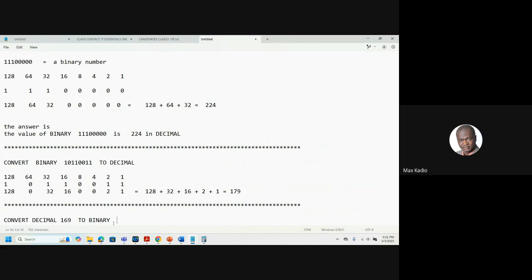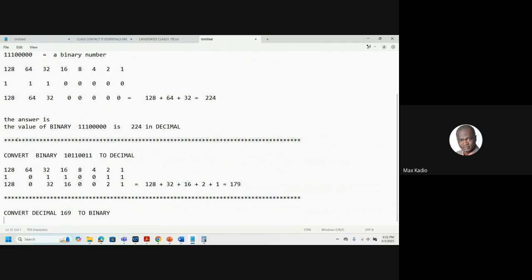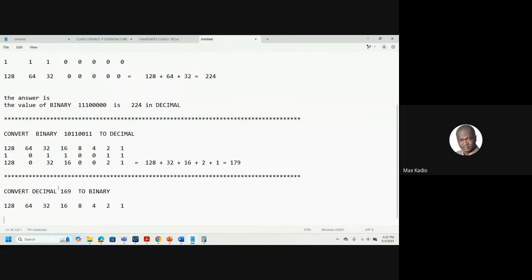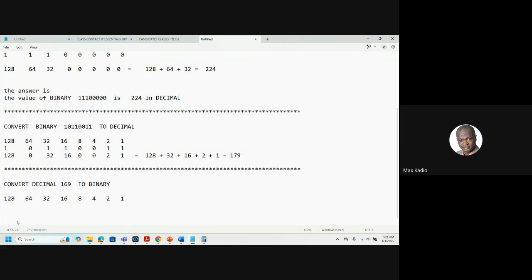So again, you do your table, that 128 stuff, you put it down here. Now you take your decimal 169. 169 is bigger than 128, so we can deduct 128 from 169.